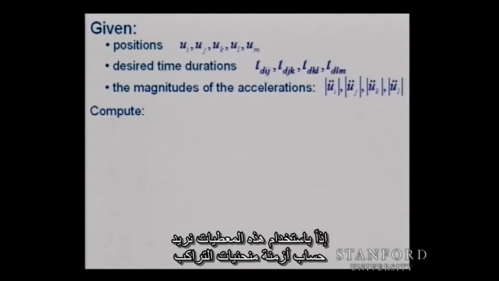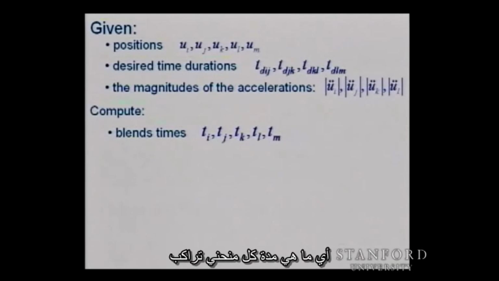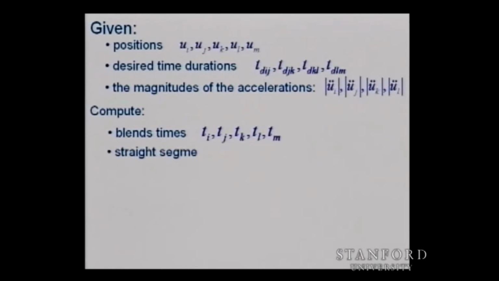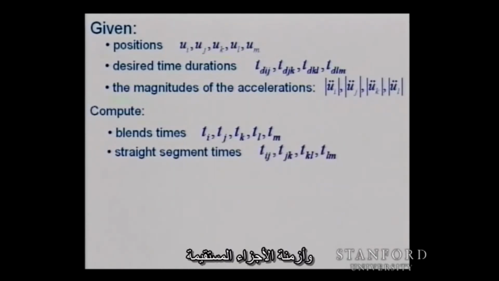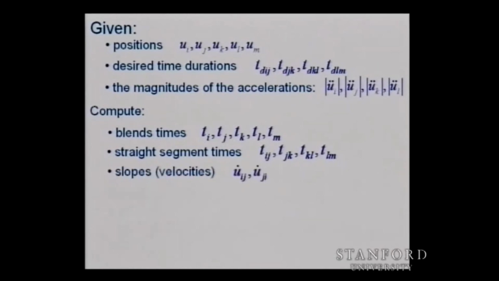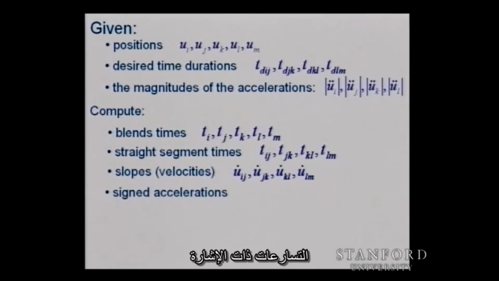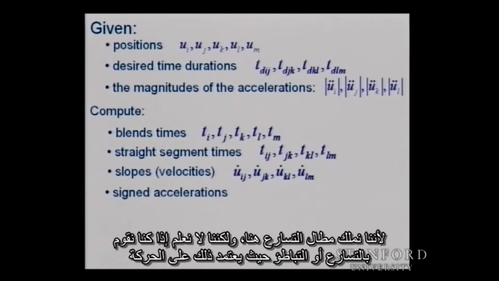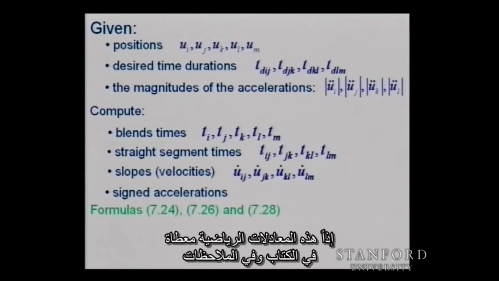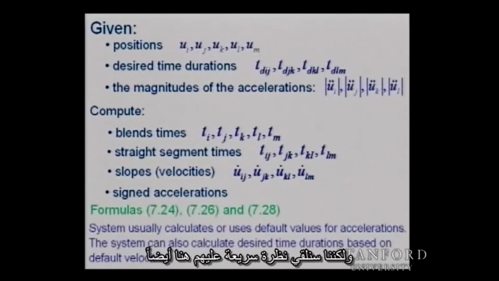So using those, we want to compute the blend times, so how long each of the blends are, the straight segment times, the velocities, and the signed accelerations, because here we just had the magnitude of the acceleration, but we don't know whether we are accelerating or decelerating, and that will depend on the motion. And that's basically it. So those formulas are given in the book, in the notes, but we'll also look at them here briefly.